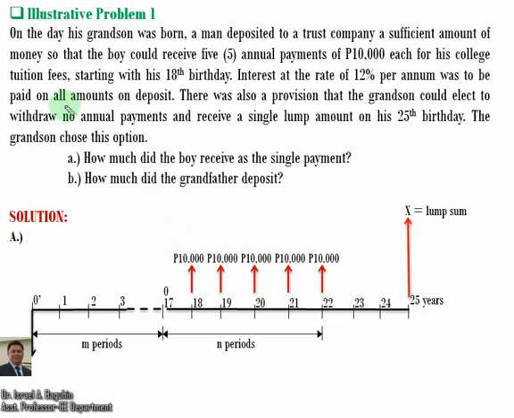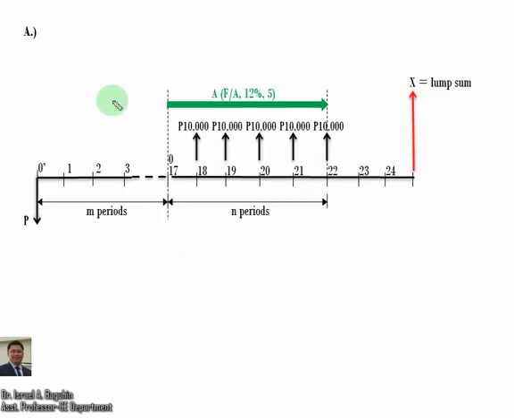Okay, so we have here, considering now the N periods, from the 17th, since this is our N period, this 17th is being considered as the zero period during this N period.